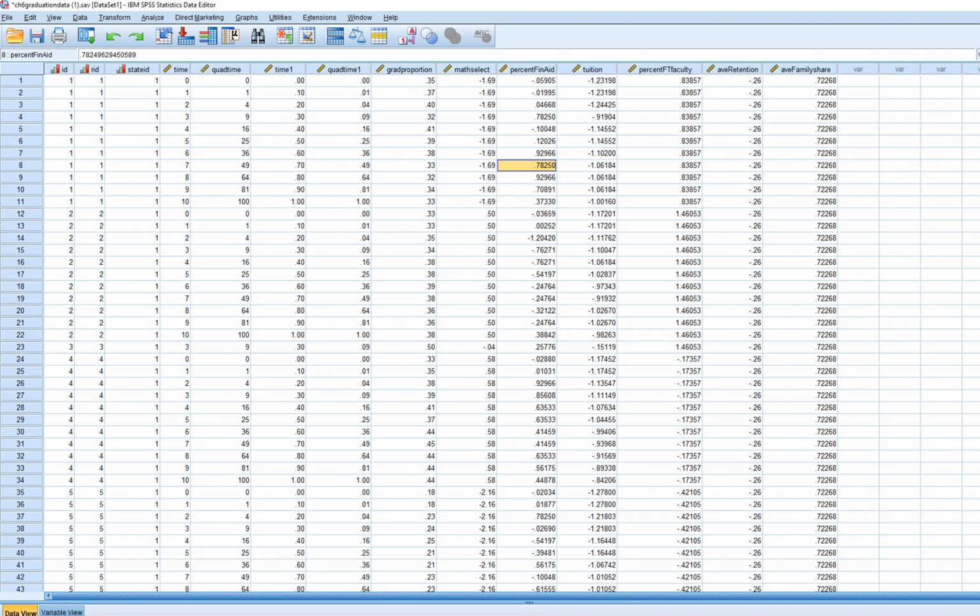And we have variables of average retention rate, or the average rate of retention of freshman students within the state, and also average family share, the proportion of higher ed tuition accounted for by families within states.